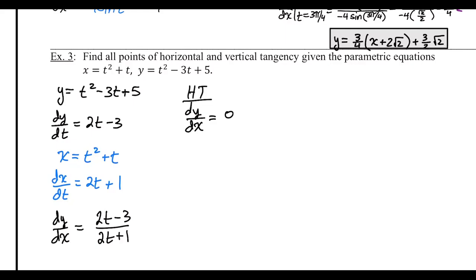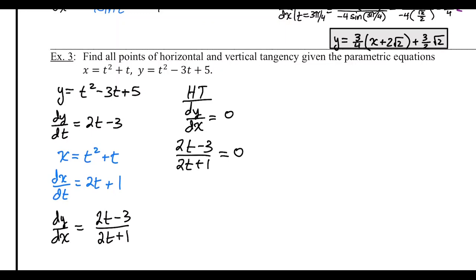All right, so 2t minus 3 over 2t plus 1. As it turns out, the 2t plus 1 is going to be irrelevant. But the issue that we're going to run into is that it won't always be irrelevant. So we got to be careful about that. What a lot of people want to do is just say, okay, it's really just the dy/dt, set it equal to 0. Let's make that the rule.